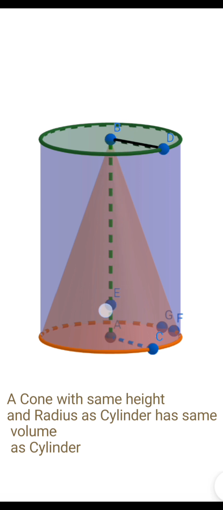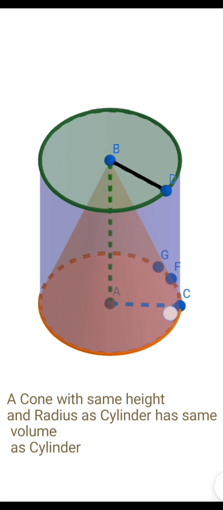Only in that case we can say that the volume of the cone is 1/3 the volume of a cylinder. If any of the factor is different, like if radius is different or the height is different, then in that case it is not possible.